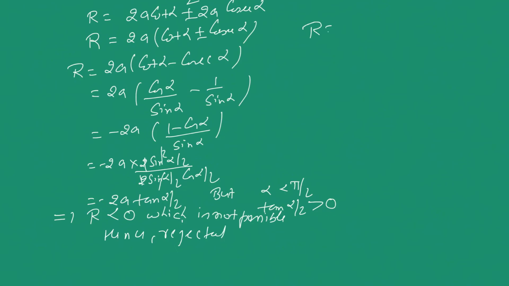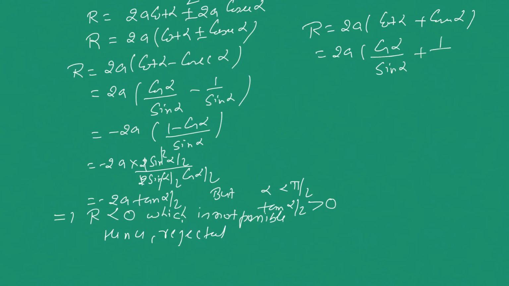Next we are going to take the plus sign. 2a times cot alpha plus cosecant alpha is equal to 2a times cos alpha by sin alpha plus 1 by sin alpha, which is equal to 2a times 1 plus cos alpha divided by sin alpha.